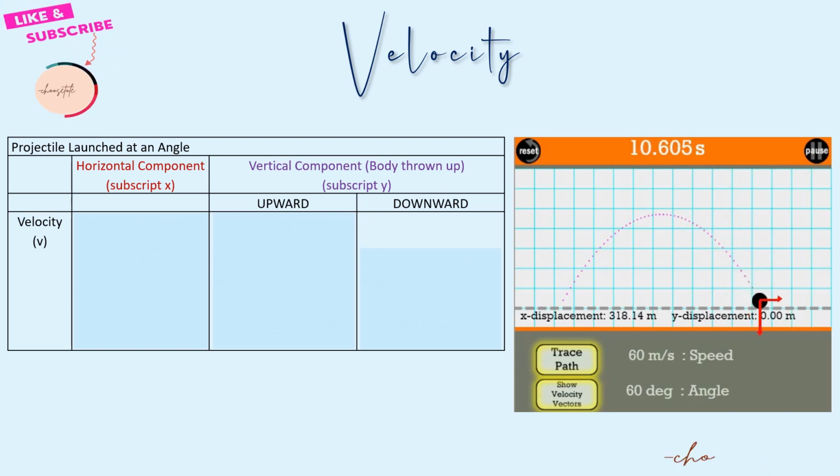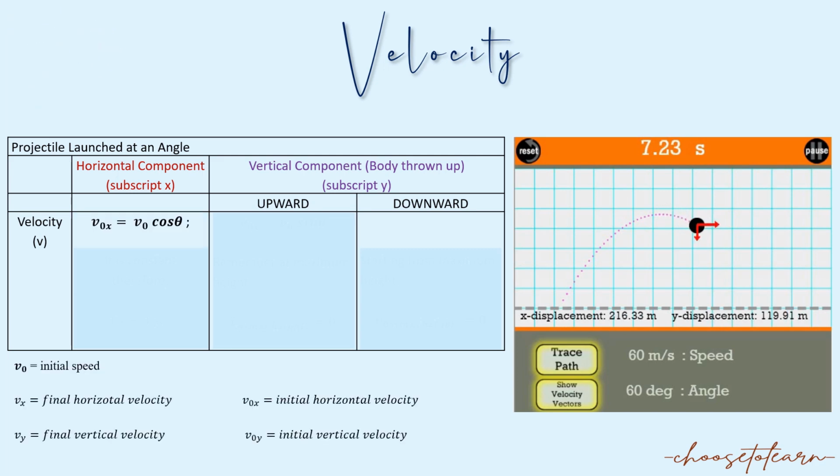Let's go first to the horizontal component. To find the horizontal component of velocity, we will use this equation or formula. Initial horizontal velocity equals initial speed multiplied by cosine theta.